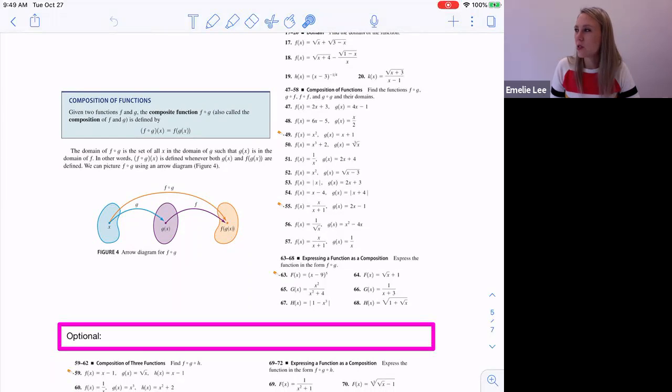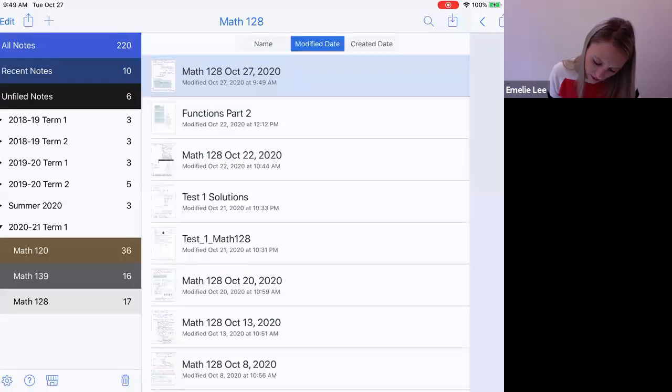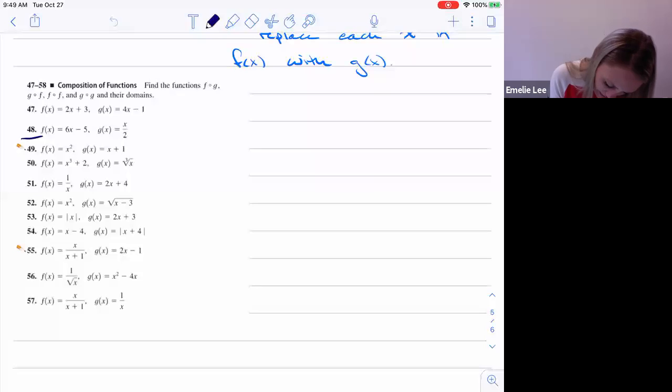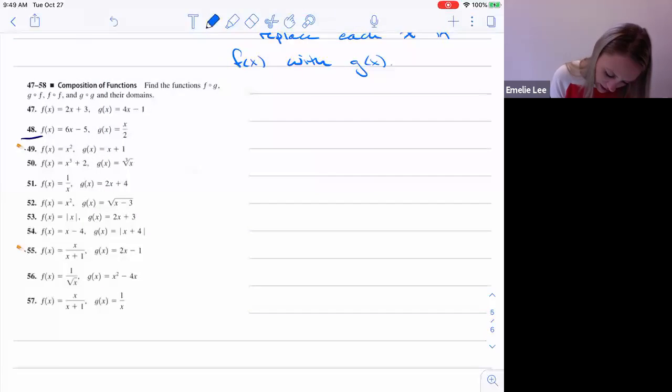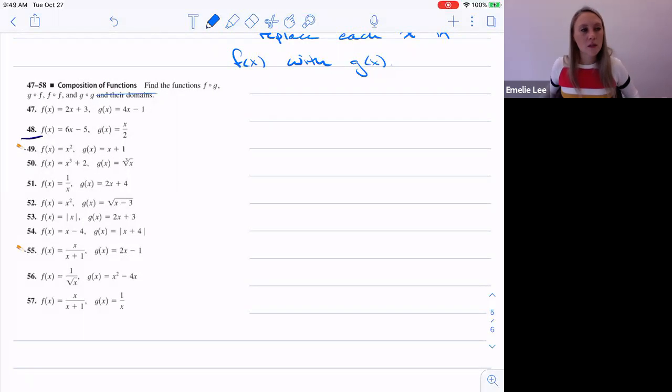For these, no, I'm gonna pull the plug on the domains here. In fact, I should probably do a lighter color here, but I'm not going to emphasize it.